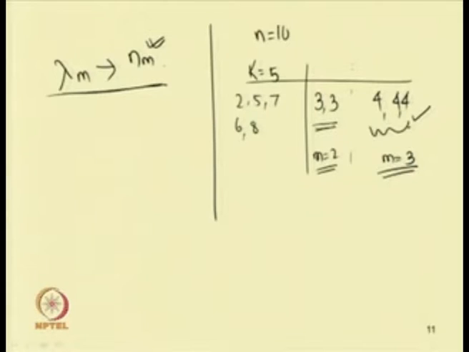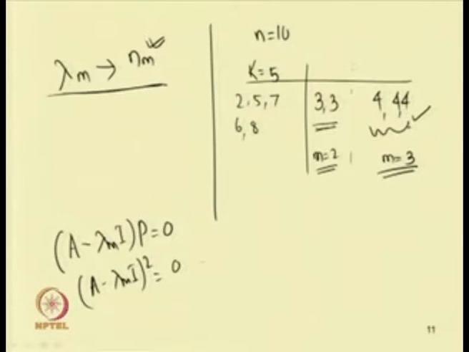These eigenvectors are the non-zero solutions of (A minus lambda m I) p equal to 0, then (A minus lambda m I) squared p equal to 0, and similarly continuing up to (A minus lambda m I) to the power n m p equal to 0. By solving these equations we can get these values, and the corresponding V we can get.